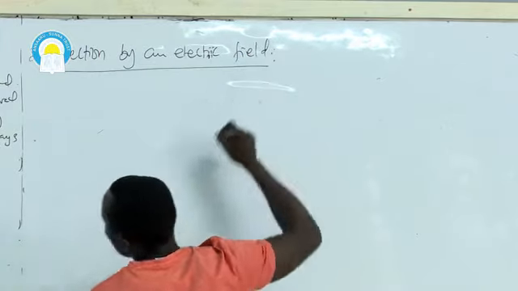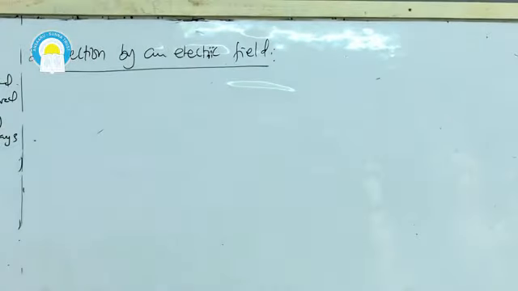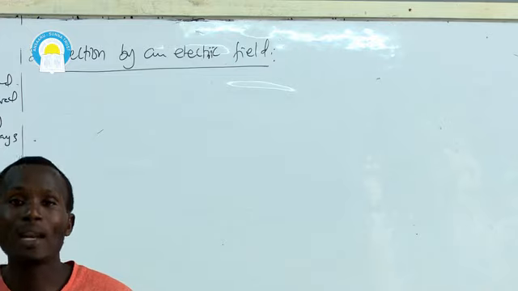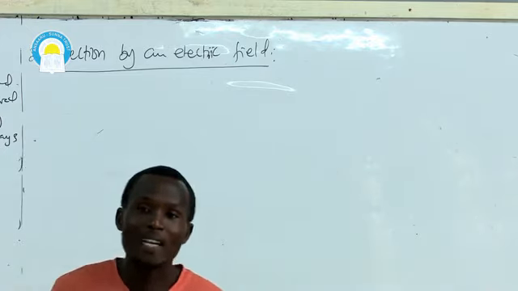So when we talk about the deflection in an electric field, we are trying to see what is going to happen to these radiations. Which side of the charge will they be attracted to? From the law of magnetism, we know that like poles repel while unlike poles attract.